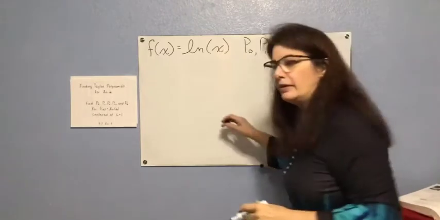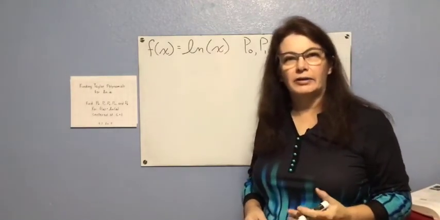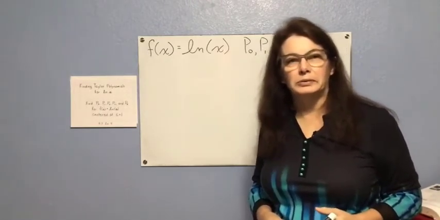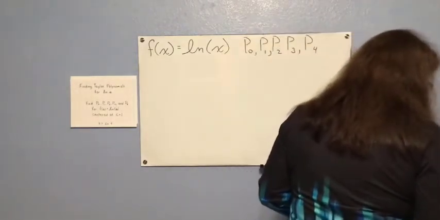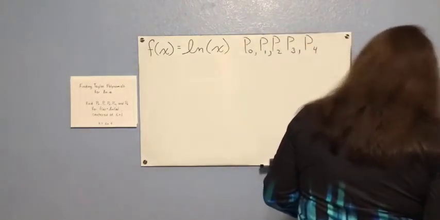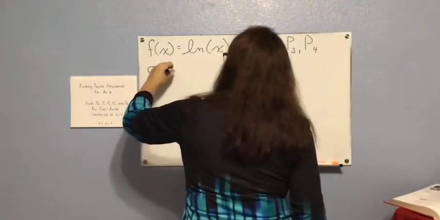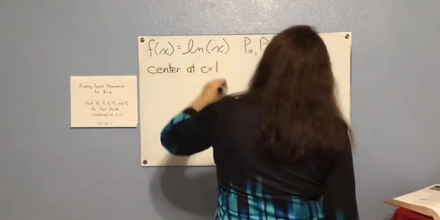After we've found these, we're going to put them all in a graphing calculator and see how the approximation gets better and better the more derivatives we use. So we're going to center at c equals 1.